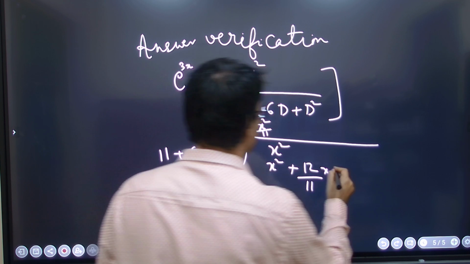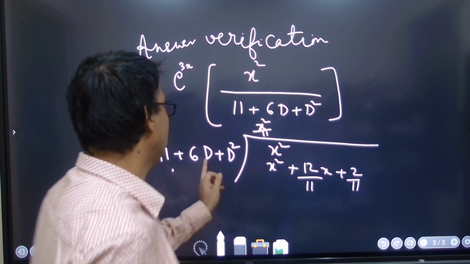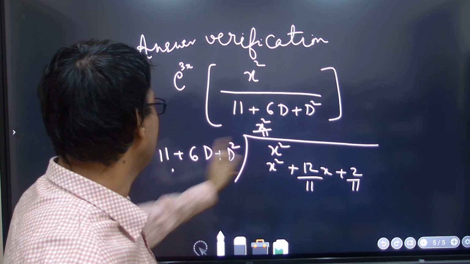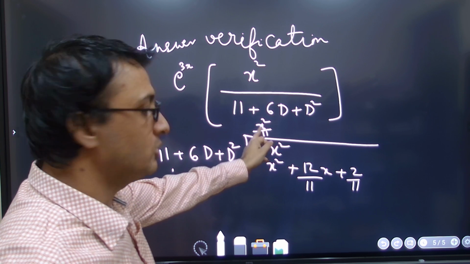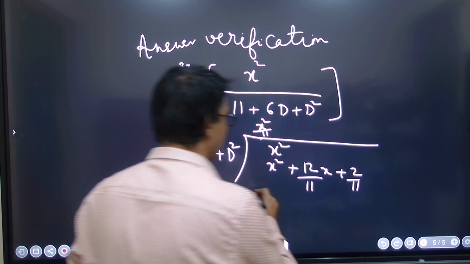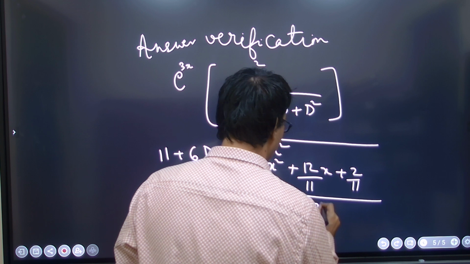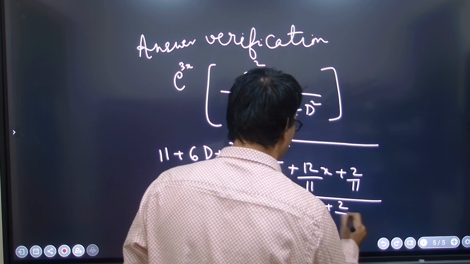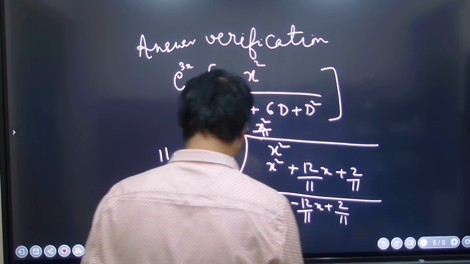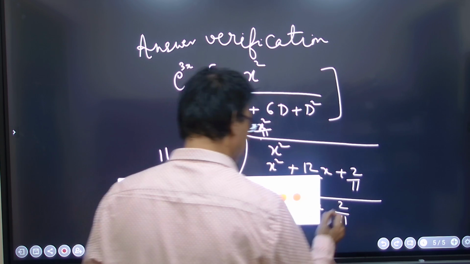Now this is how much? 2 by 11. You see, we are having derivative or differential. So this is 2x by 11 into 6, 12x. This is done twice of differentiation, that is 2 by 11. Now this is minus 12 by 11x plus 2 by 11, and I need to write the minus sign here as well.